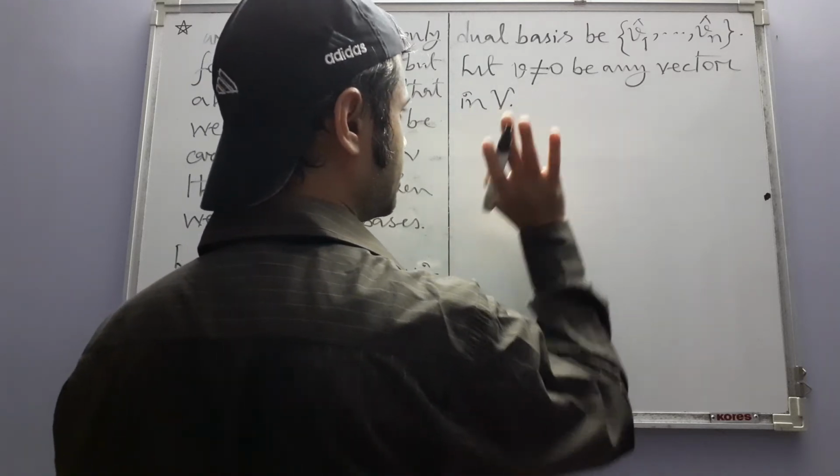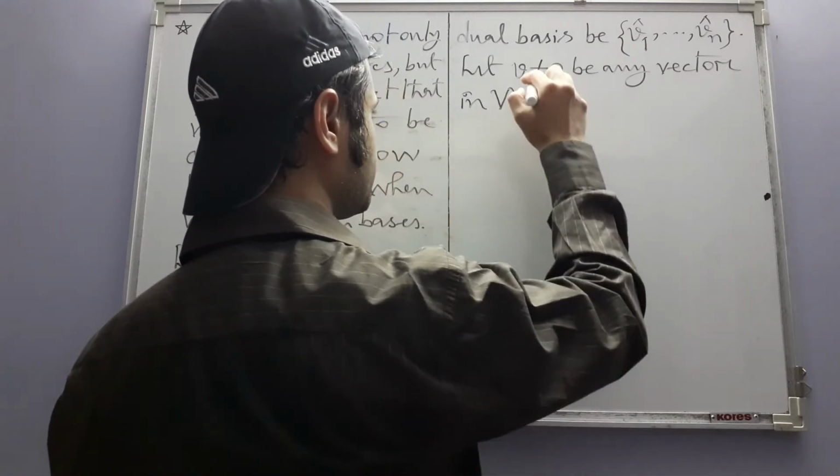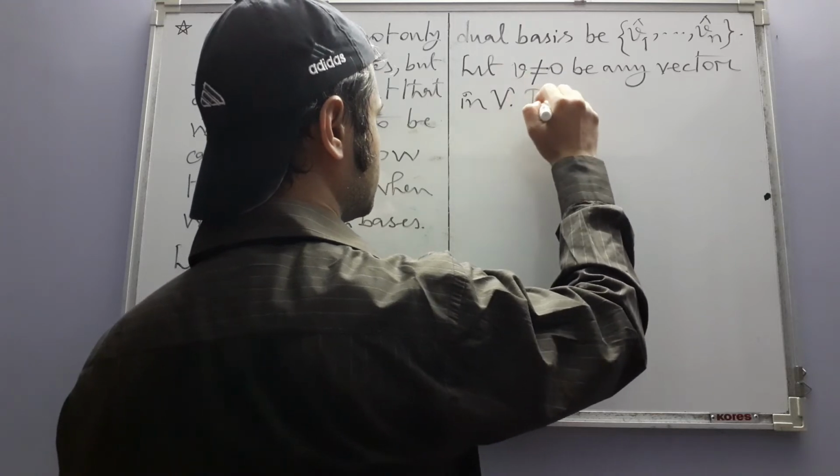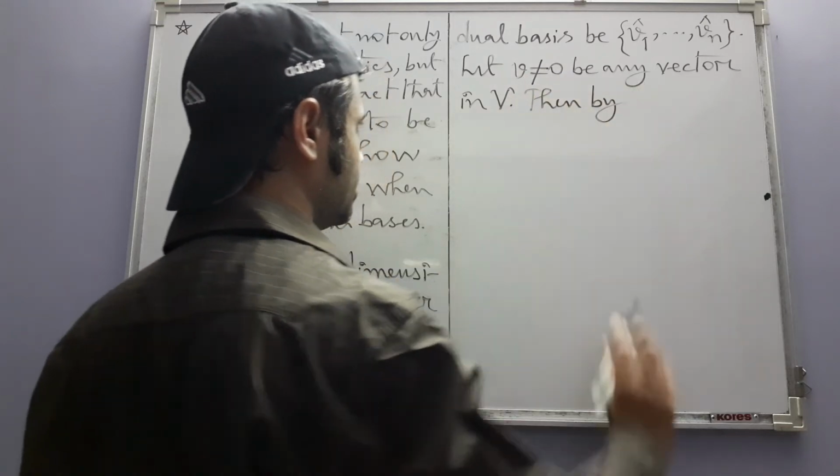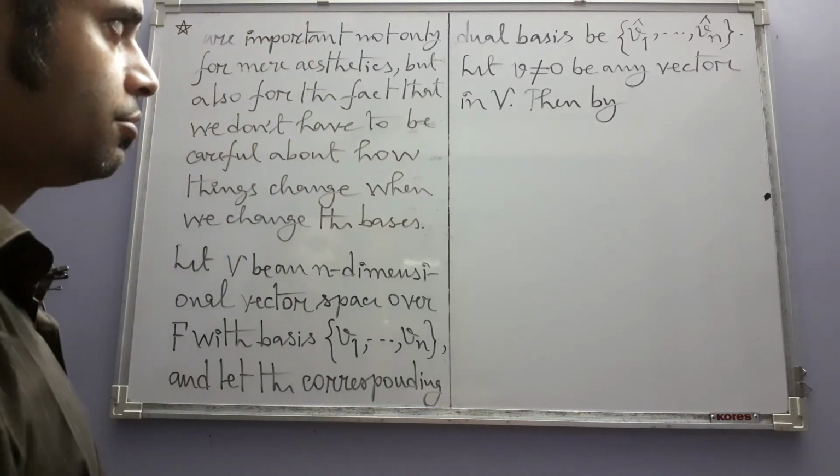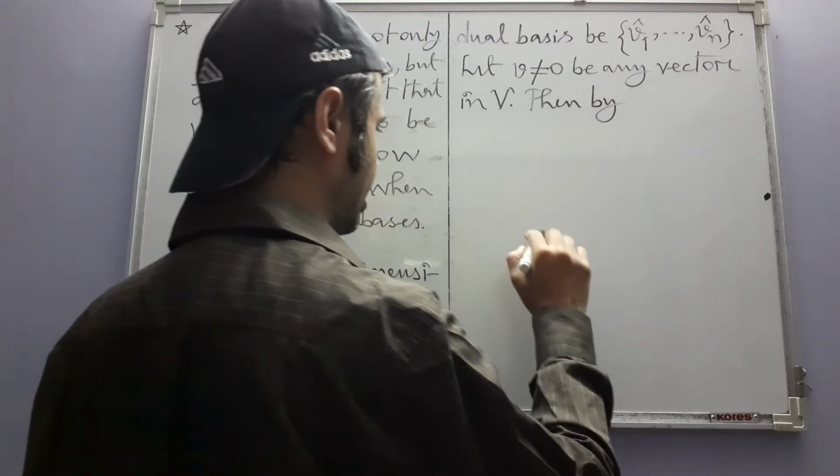So v is a non-zero vector in V. Then by a previous result, do you recall that you had something like this?